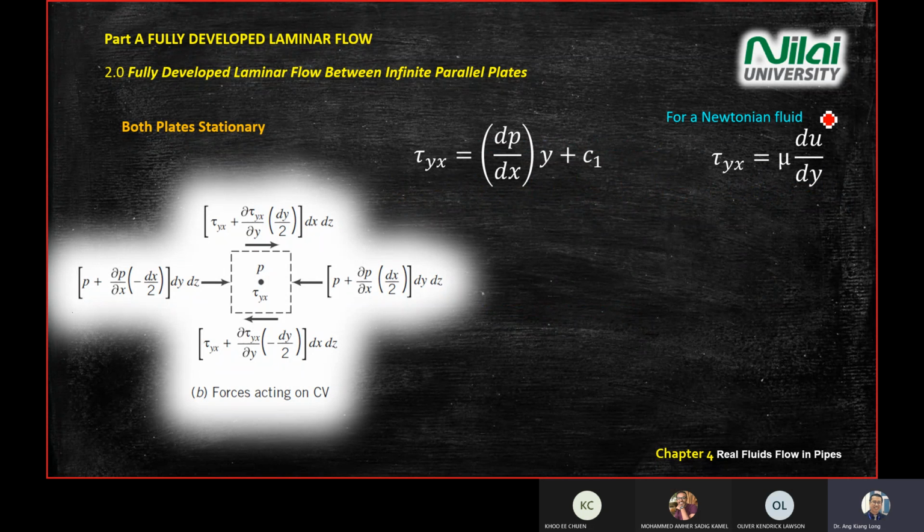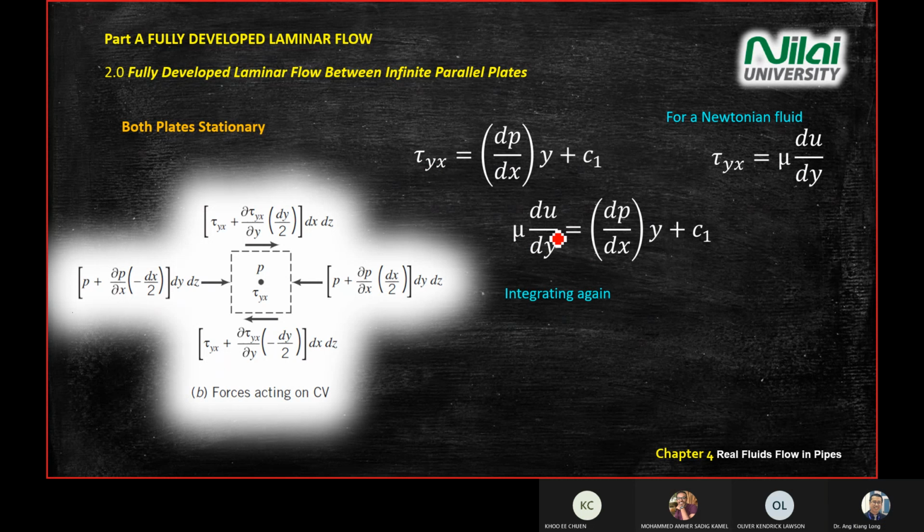Recall earlier we defined Newtonian fluid for shear stress as tau equal to mu du/dy. For a Newtonian fluid, the shear stress tau_yx equal to mu du/dy. You replace the shear stress term with mu du/dy on the left hand side. You integrate again to get the u. Our intention here is to get u, the u equation.